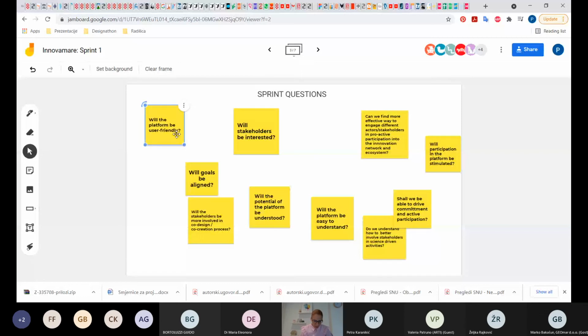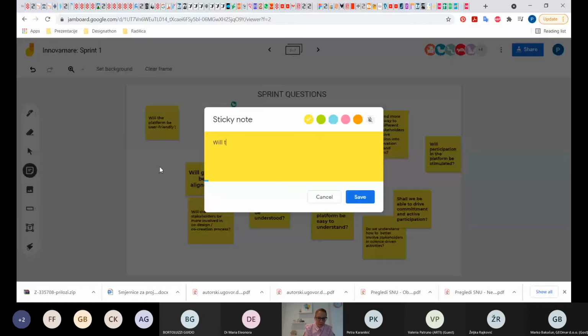So we mentioned the user friendliness. Will the platform be user friendly? Adding, will it be well designed? And simple, user friendly, that's basically simple to use.